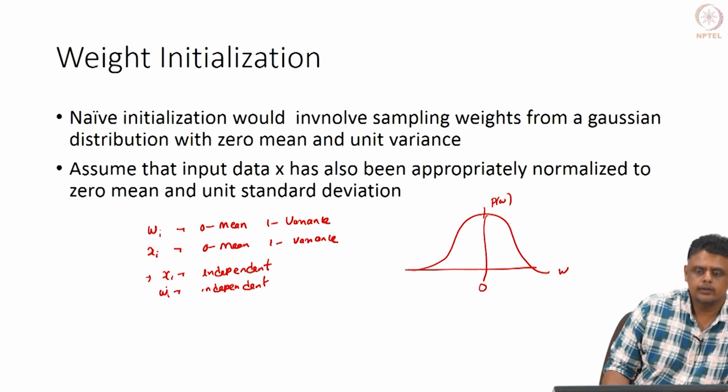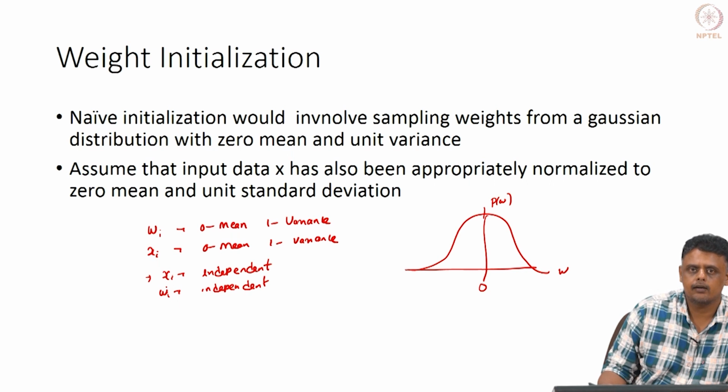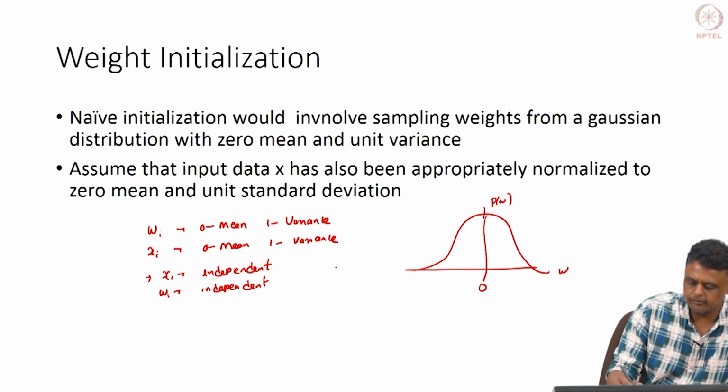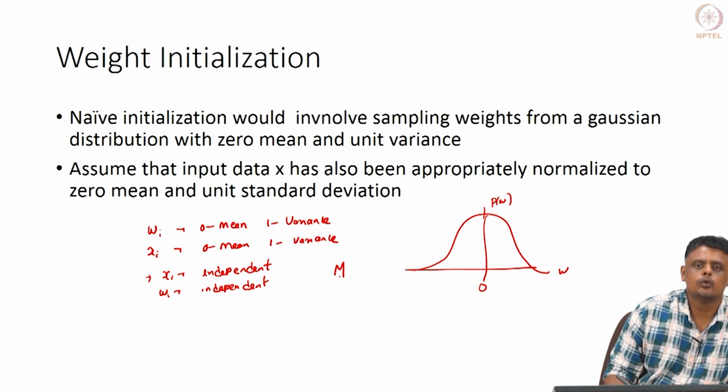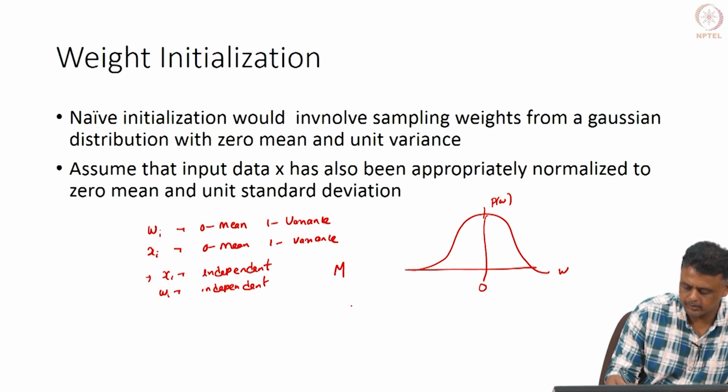Okay. So, then what happens? Let us say we have one layer, the first input layer as Xi, and we have m features. So, your linear combination would give rise to the summation over i from 1 to m of Wi Xi.